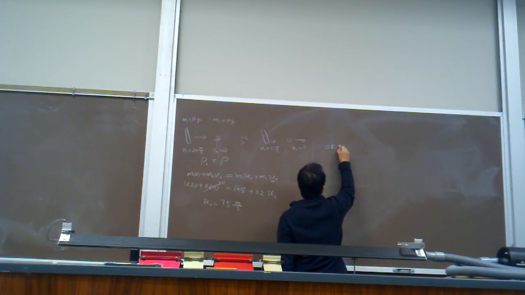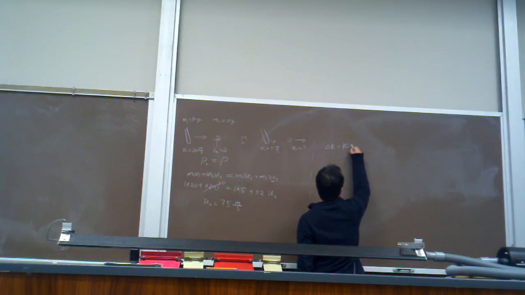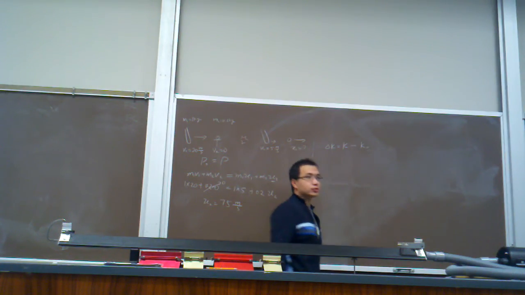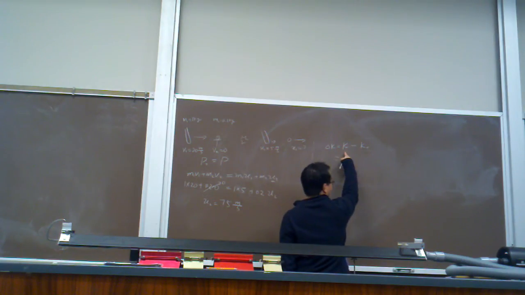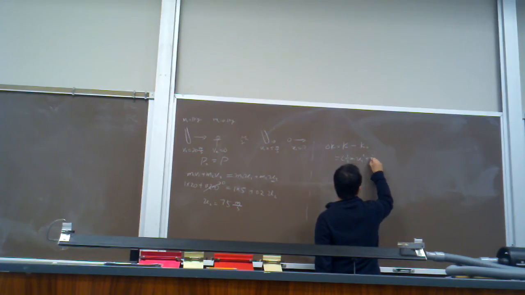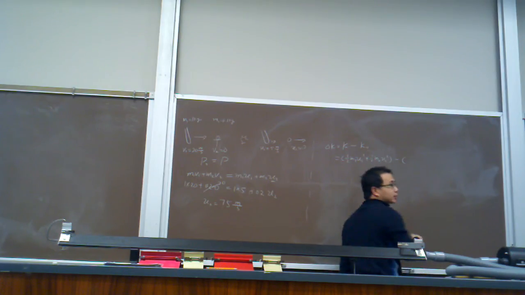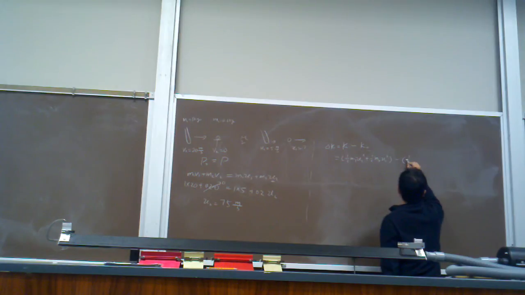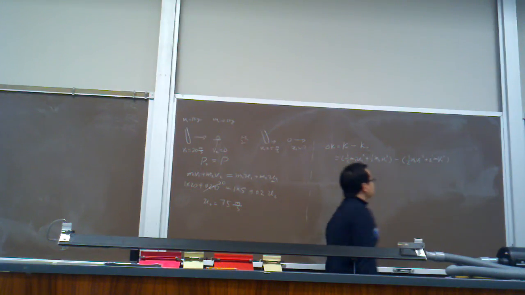Delta K, the change in kinetic energy, is the final kinetic energy minus the initial kinetic energy. The final kinetic energy contains two terms, 1/2 m1 u1 squared plus 1/2 m2 u2 squared, minus the initial kinetic energy, which also contains two terms in general, 1/2 m1 v1 squared plus 1/2 m2 v2 squared. Okay?